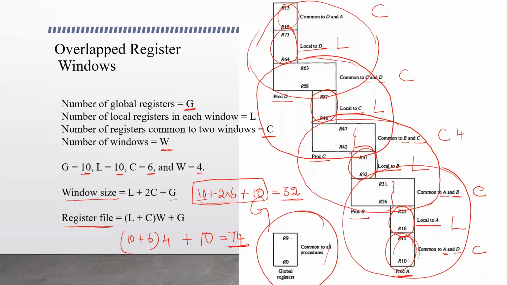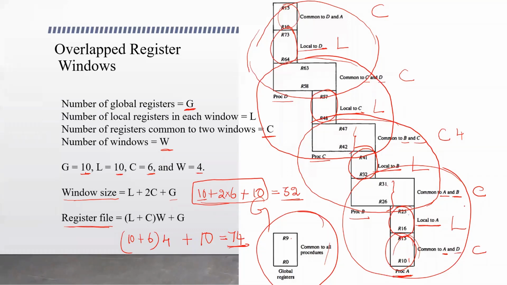If you take procedure A, it has local registers R10 to R25, and the common registers between A and B are R26 to R31. And here is another set of common registers that are common to procedures A and D. All these together form a window.